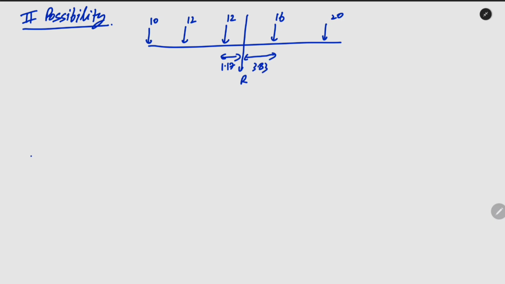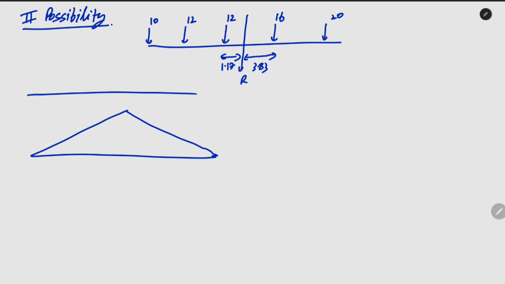Now we will place our loading in such a way, so this will be the 16 kilonewton load, and then here we will find our loading, that is 12 kilonewton, and it will be then again 12 and then 10.